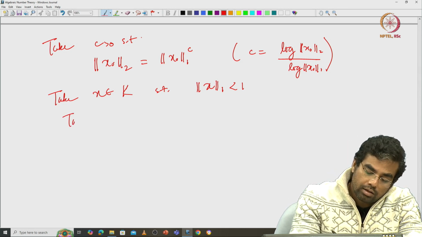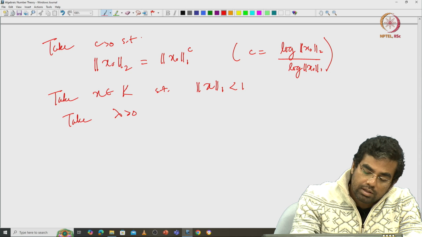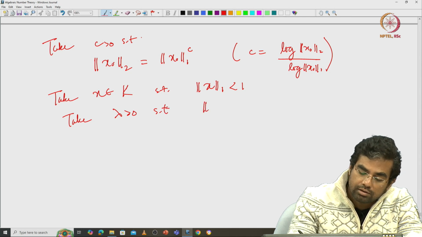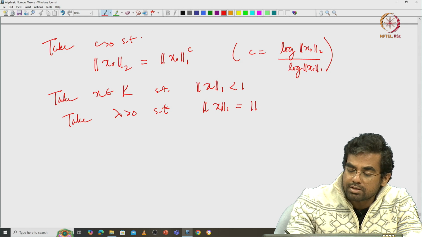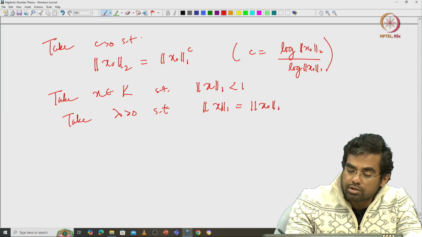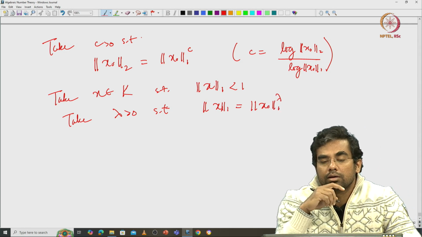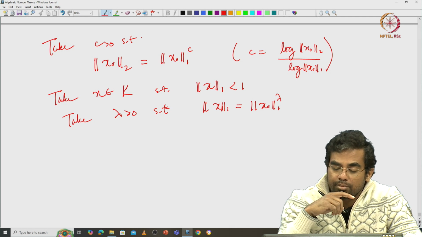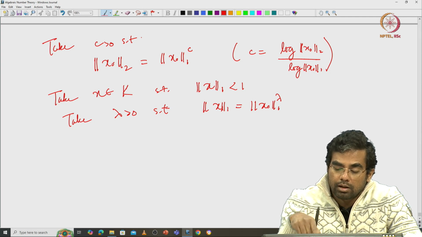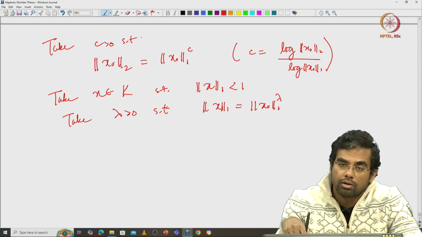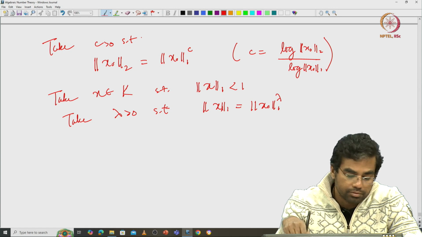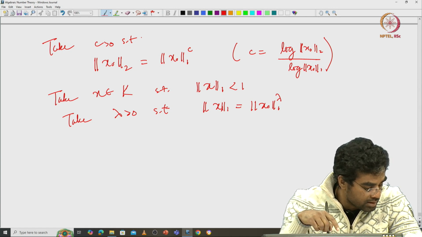So, take lambda bigger than 0 such that the first valuation of x is the first valuation of x0 to the power lambda. Again, I just take lambda to be log of valuation 1 of x divided by log of valuation 1 of x0, and that makes sense.